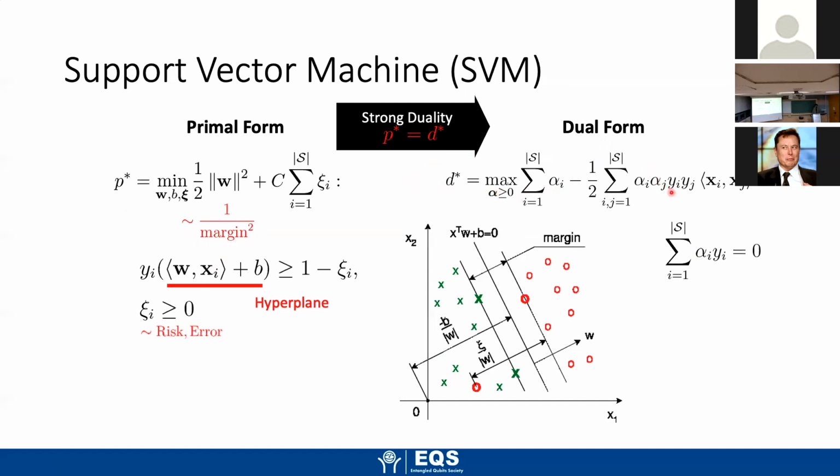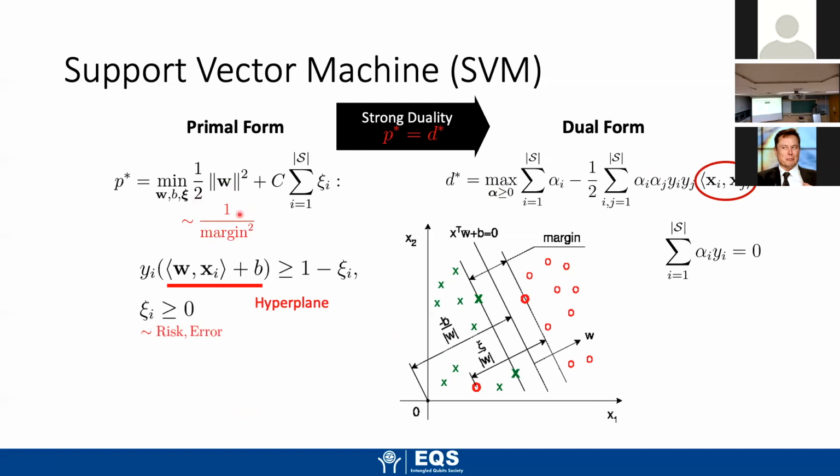So the biggest advantage of this kind of method is you have only one vector variable, and the only thing we need to pre-compute is the inner product between data.